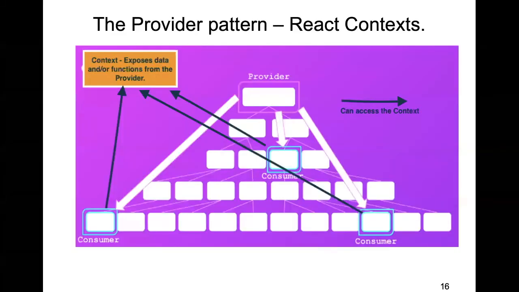Here's a kind of visualization of it. The orange box on the left there is my representation of this context. The orange box is created by the provider. My provider is the one that has the global state, so it creates this orange box and puts data into it. Turns out that I can actually also put functions into it.